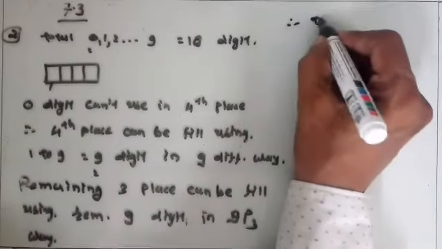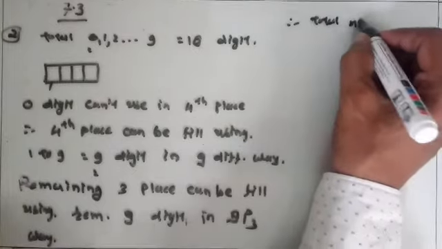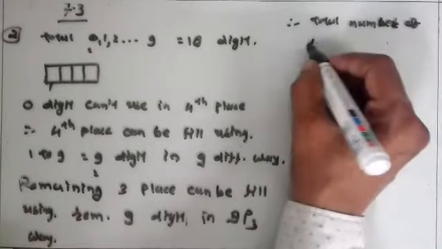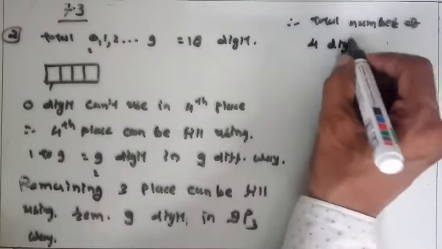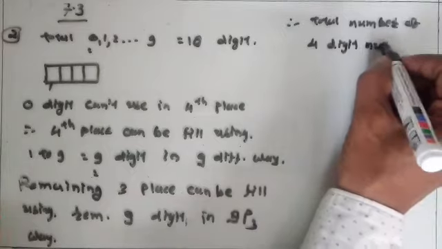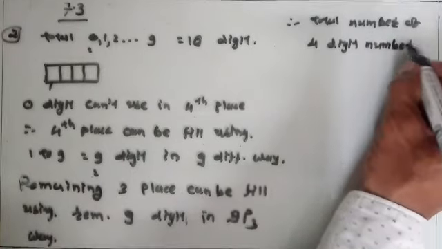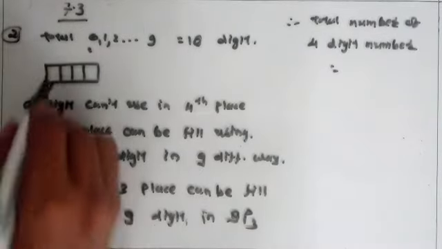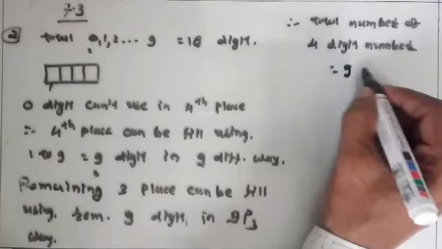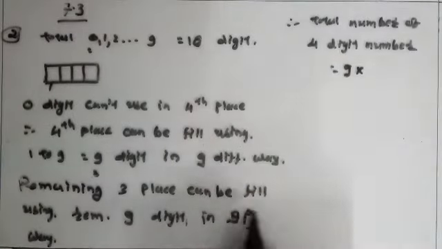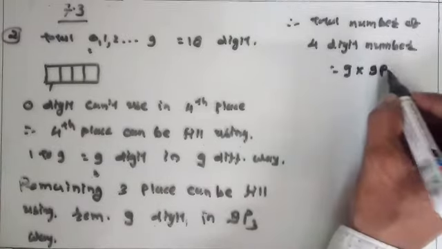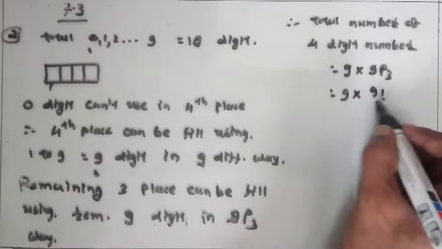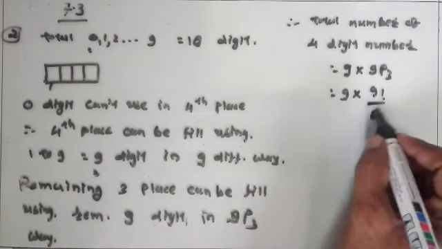Therefore the total number of 4-digit numbers is equal to: the 4th place can be filled in 9 different ways, into the remaining 3 can be filled in 9P3 different ways. So it becomes 9 into 9P3, which is 9 factorial upon 9 minus 3, that is 6 factorial.